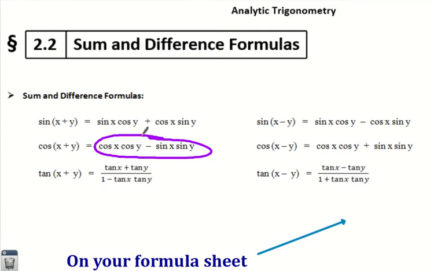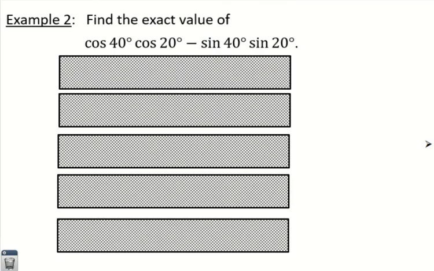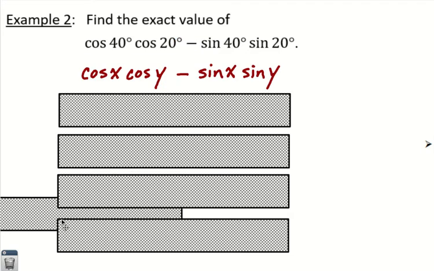And what all of this equals is basically the cosine of a sum. So here 40 is our first angle and 20 is our second angle, like our x and y. I don't even think you need to actually write that out.